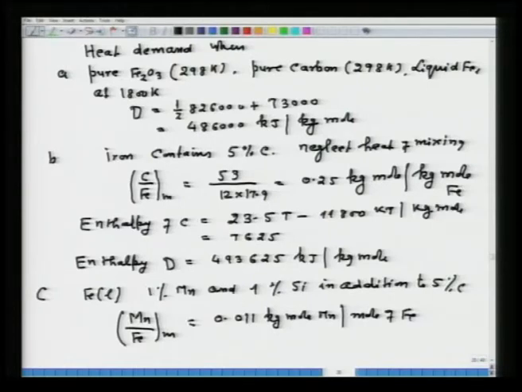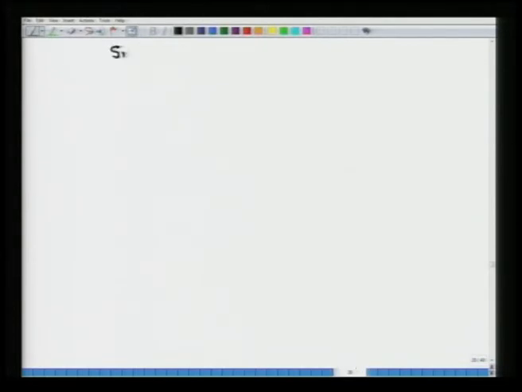Similarly, we have to calculate for silicon. So, silicon upon Fe will be equal to 0.021 kg mole per kg product iron.